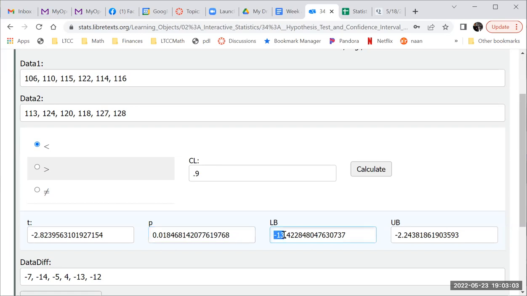Okay, the lower bound for the mean was $13 a share, by the way. And the upper bound was $2 a share. Okay, that's what these numbers represent in this case. Is that clear?